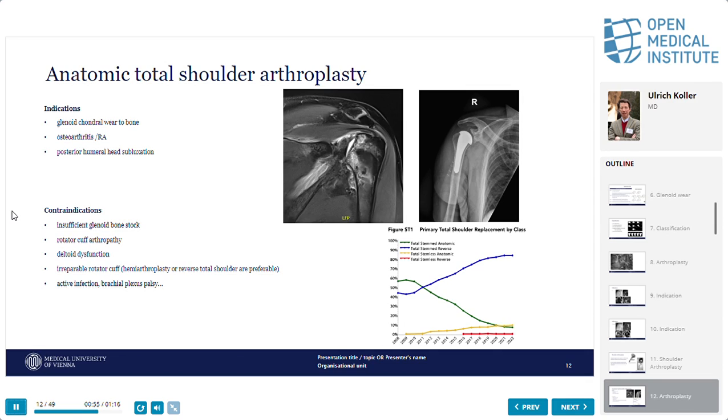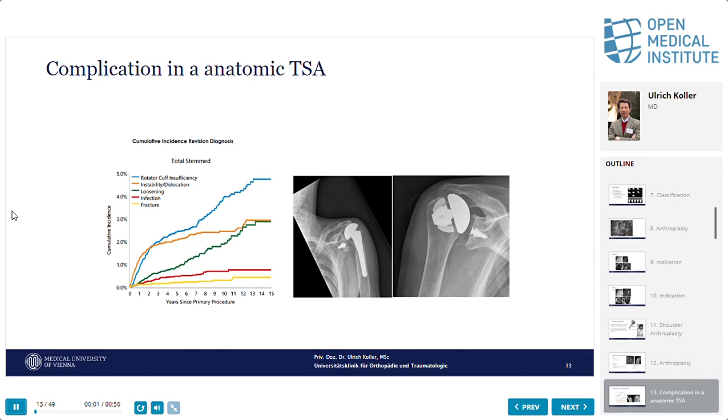So contraindications for a total shoulder arthroplasty are insufficient glenoid bone stock, rotator cuff arthropathy, deltoid dysfunction, irreparable rotator cuff, and in any case, it does not matter if reverse or anatomic, the acute infection. So what are the revision causes?